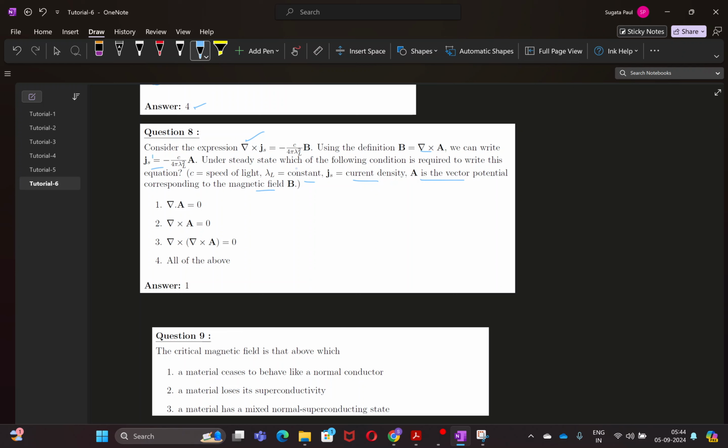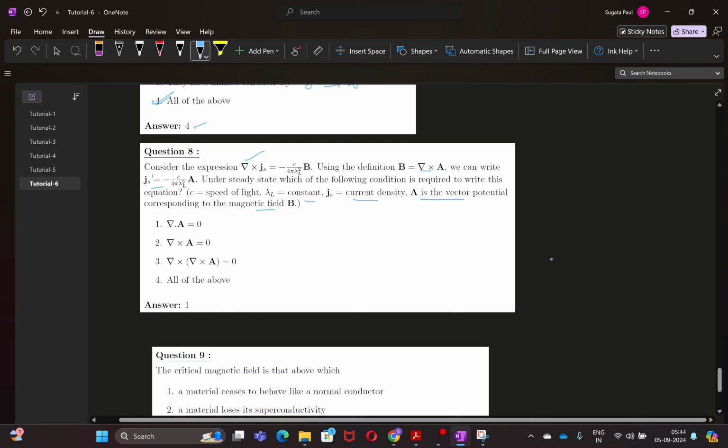In the London equation, this value has ns mu naught by m squared sort of a thing. I have to look at those formulas once, and then I can give you the exact expression. For now, let us assume that lambda L is a constant term, as we said.